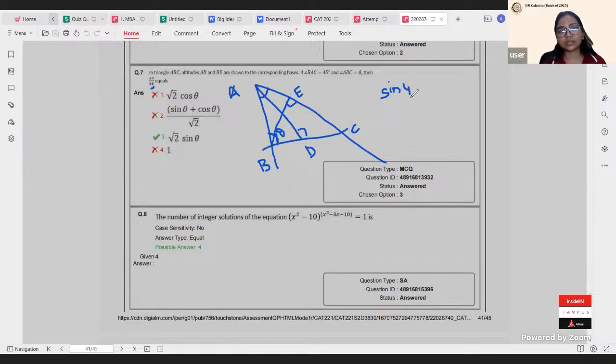Sine is perpendicular by hypotenuse, right? So for triangle BAE, sine 45 degrees will come around to be BE by AB.